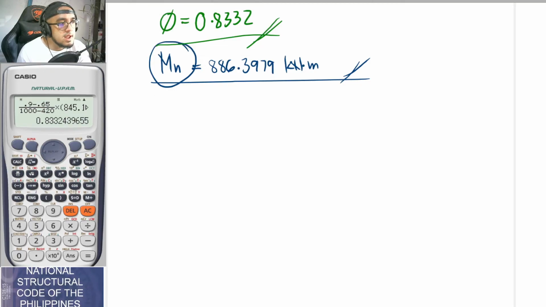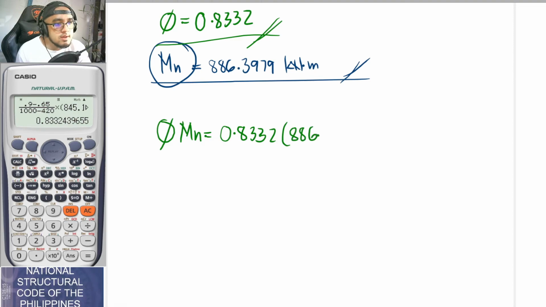So for the design strength, phi Mn, so phi Mn is equal to 0.8332 times 886.3979 kilonewton meter.